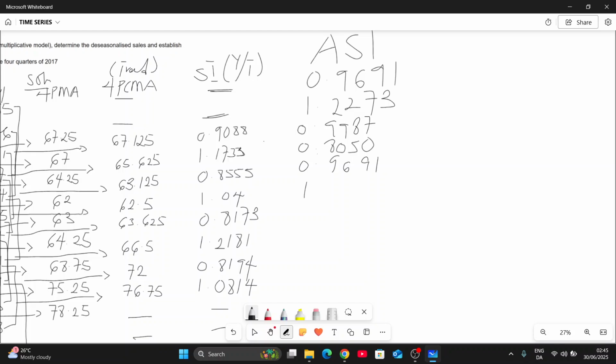The second was 1.2273. Third was 0.9987. Then 0.8050.